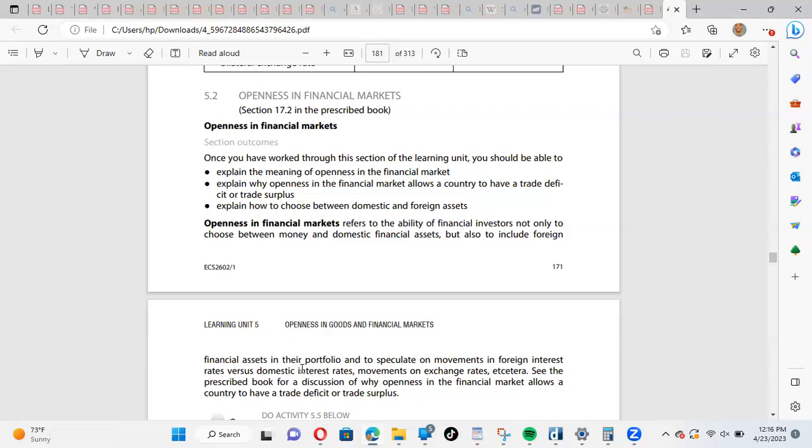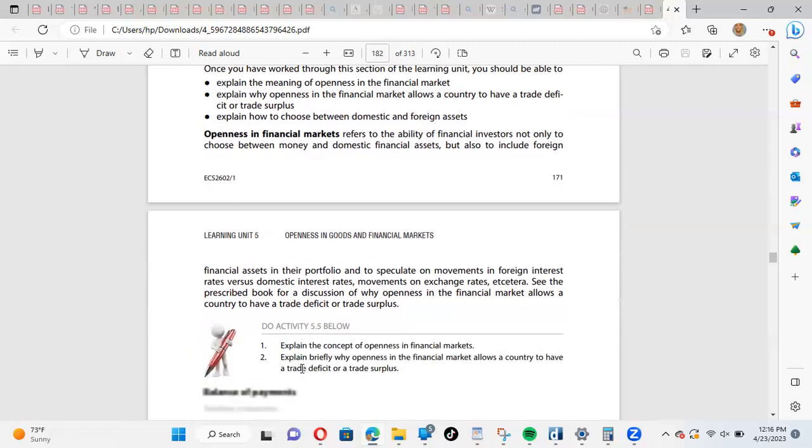But over and above that, it's going to be influenced by the exchange rates. So we need to be on the lookout for the exchange rates as well as the expected exchange rates, what we expect to happen in the future. Okay, so we are going to be dealing with a few examples on that one.